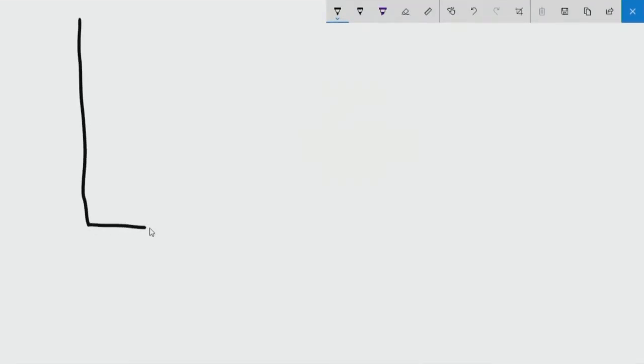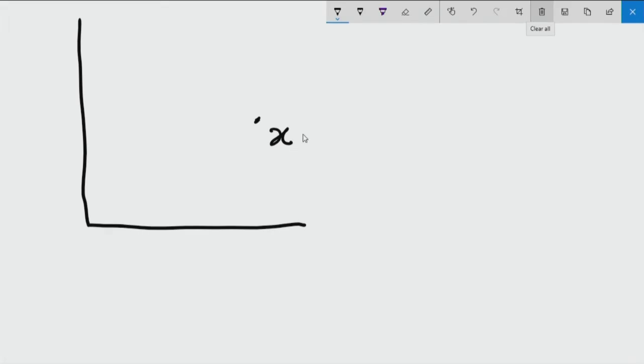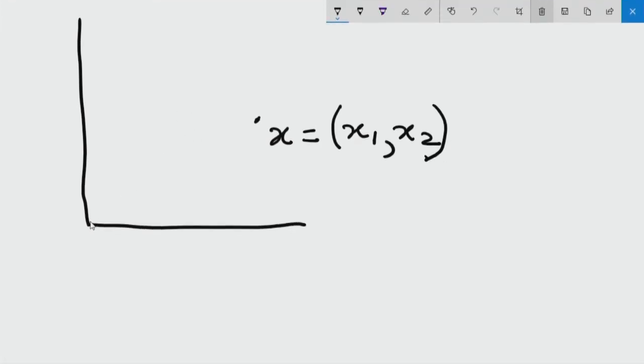Suppose we consider r equal to 2, and suppose here we have one point, we call it x. Obviously, it will have two coordinates, x1 and x2. And suppose, the easiest thing, we fix the fixed point as 0, 0.